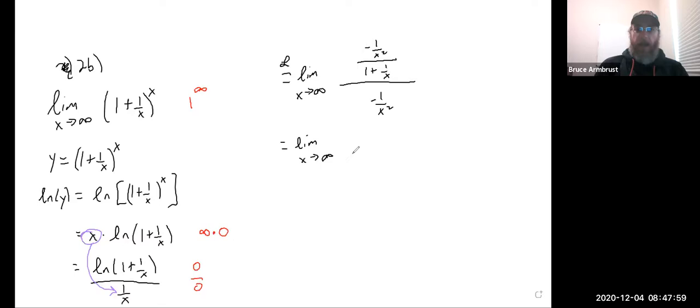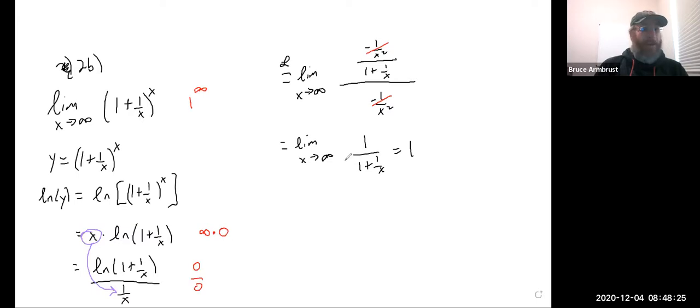And when you do that, you get here. So really just those minus 1 over x squared cancel. So now we put in infinity. 1 over infinity goes to 0, and this equals 1.